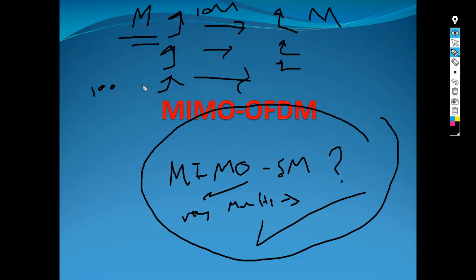Do you know how much your data rate will be? 100 multiplied by 10 is equal to 1000 mega, which is 1 giga. So imagine the effect of multiple antennas in increasing your data rate. It's very significant, very amazing.